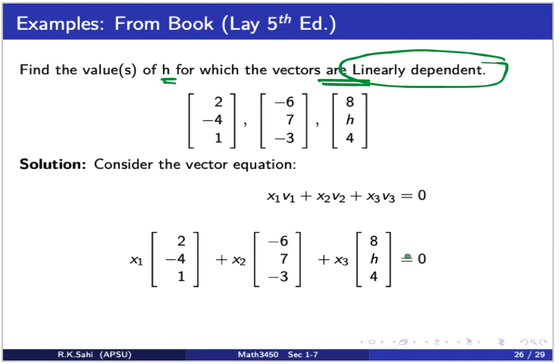So we have to determine what value of h will make it linearly dependent. In other words, when we apply the row reduction algorithm, we have to say what the value for h must be such that there is a dependence relationship between these xi's.